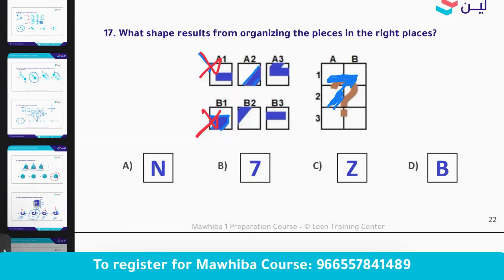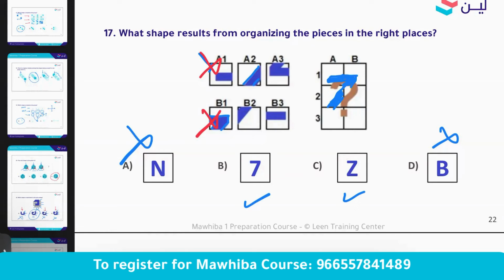Uh-oh, it has started forming. Can you see the letter? It's not N, definitely, and it's not B. It's most likely either Z or 7. Still, I don't know. I need to continue the pattern to figure it out.